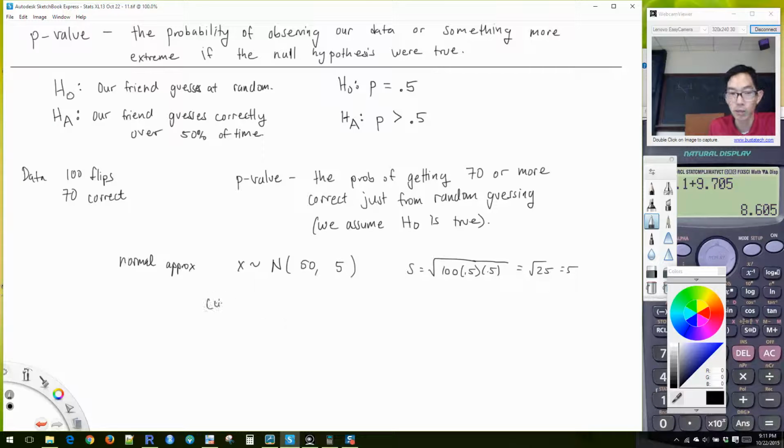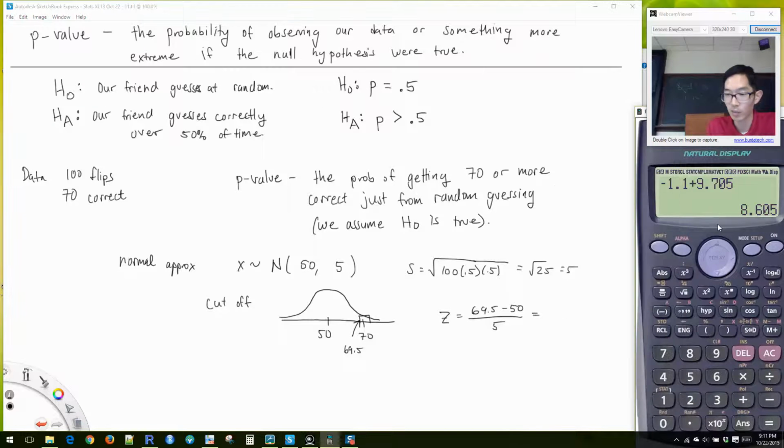And so what is our cutoff? We want 70 or more, so we set the cutoff at 69.5. My z-score is going to be 69.5 minus 50 over 5, and I get 3.9.